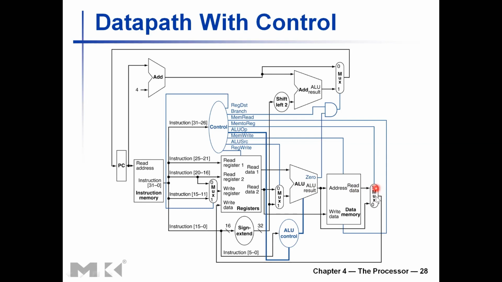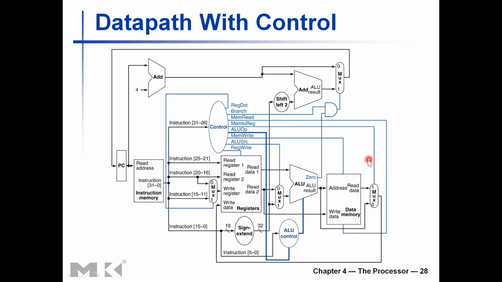So the idea here is, if you trace this signal, the output of the multiplexer, it is going to the write data port of the register. What data are you writing into the register file? Are you writing into the register file the output of the ALU, or are you taking the output of the data memory and writing it into the register file?